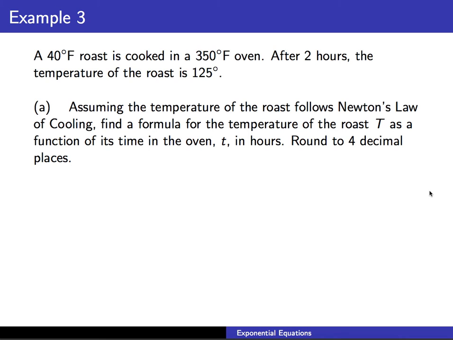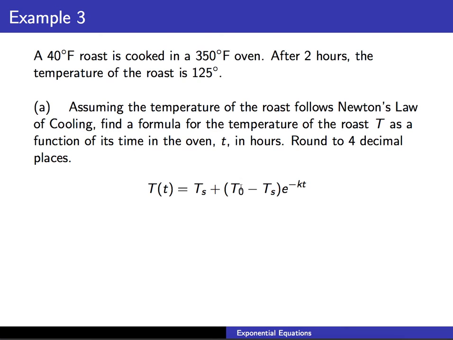So much like we did with the iodine-131 example, we're going to create a function which we can then use to answer questions about figuring out the temperature knowing the time, or figuring out the time knowing the temperature. So here's our equation, and it tells us that the roast was 40 degrees when it was put in this 350-degree oven.